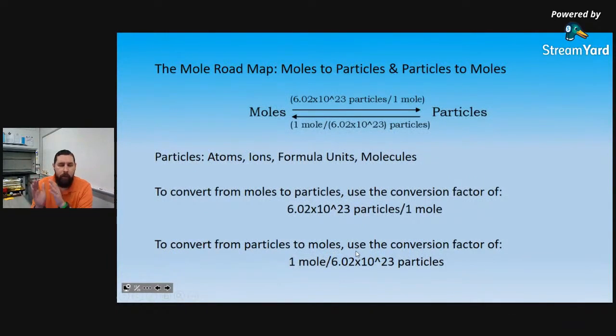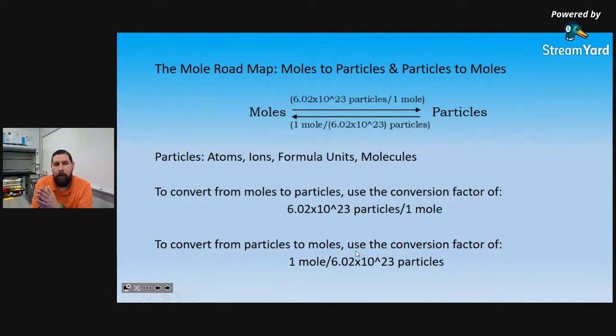So for this portion of the roadmap, where we're looking between moles and particles, it doesn't actually matter what the substance is, because as we've learned, when you have 1 mole of a substance, you always have 6.02 times 10 to the 23rd particles of that substance.